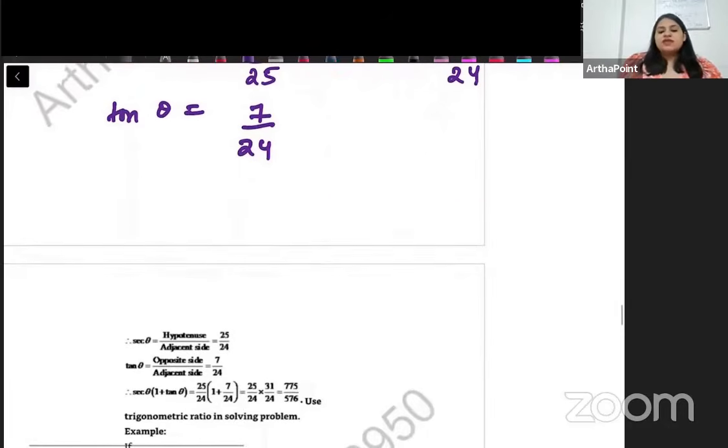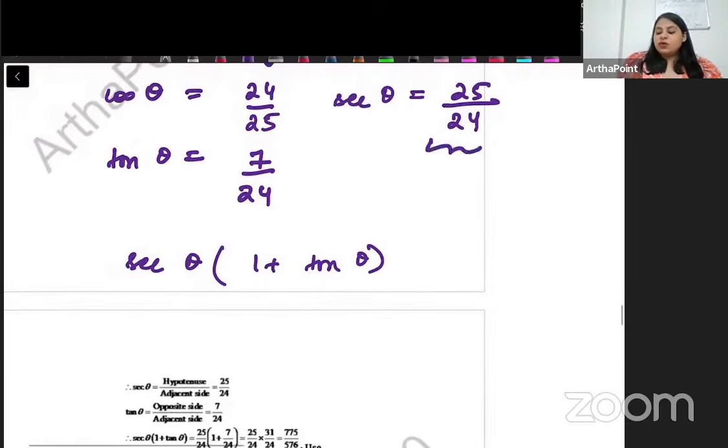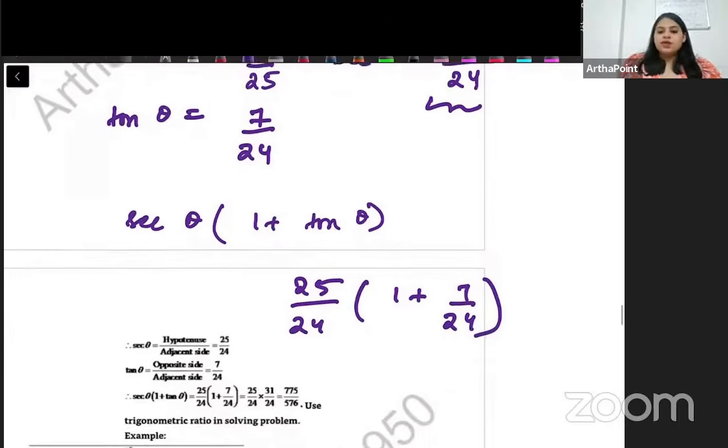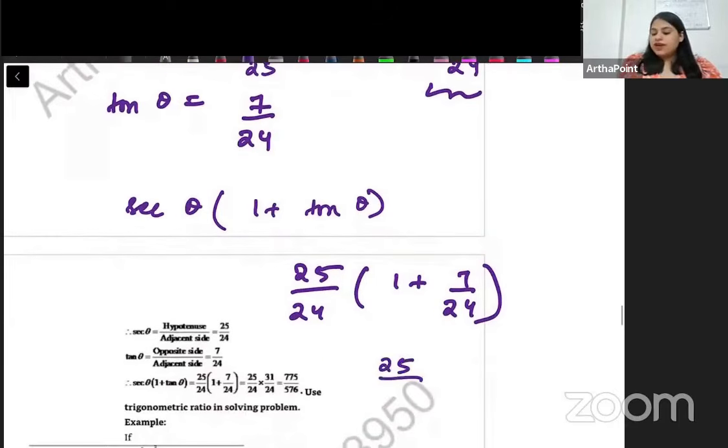So now it is asking to find out sec theta into 1 plus tan theta. Sec theta you have found out as 25 by 24, into 1 plus 7 by 24. So this is going to be 25 by 24 into 31 by 24.